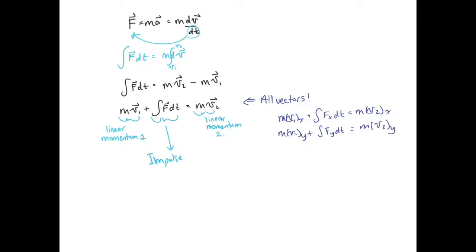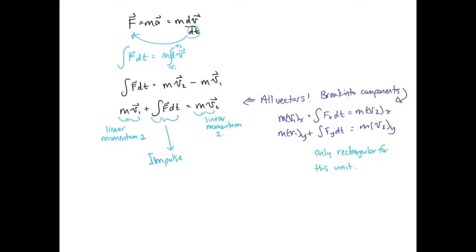So whenever you have vectors, you break them into components. Now for this chapter, for momentum, we will only do rectangular components. So only rectangular for this unit. You don't have to worry about polar or normal-tangential for impulse and momentum.